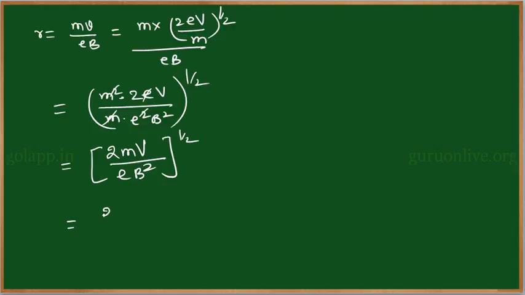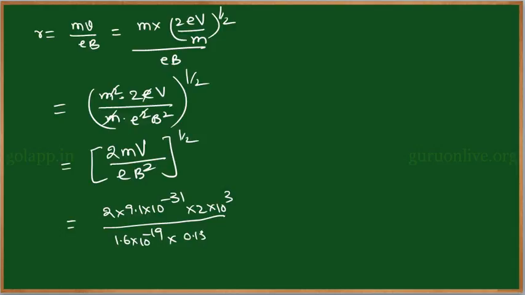That is equal to 2 into 9.1 into 10 to the power of minus 31 into 2 into 10 to the power of 3, divided by 1.6 into 10 to the power of minus 19 into 0.15 into 0.15, whole to the power of half.